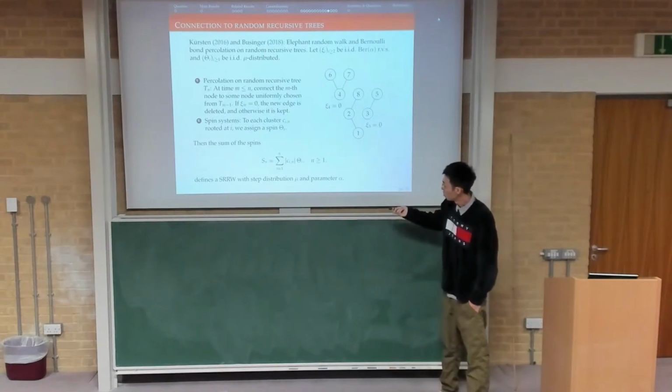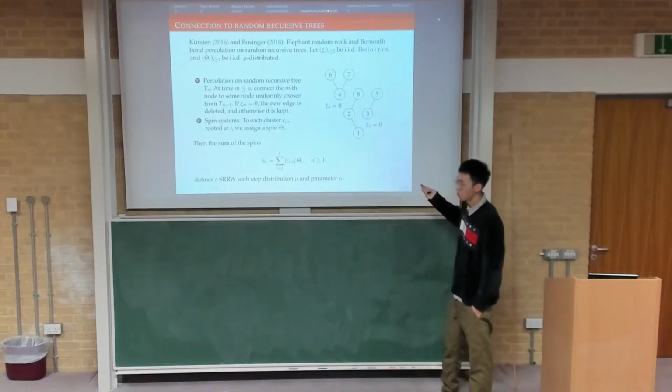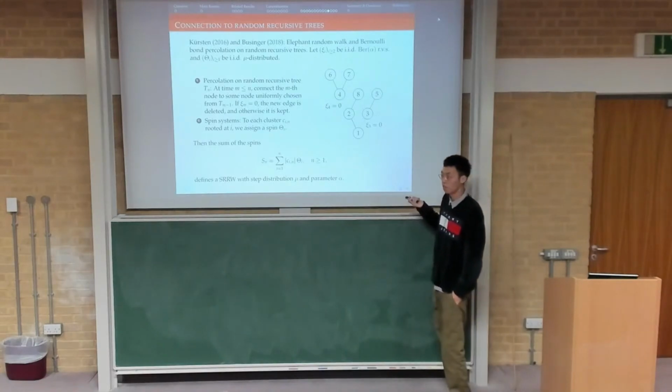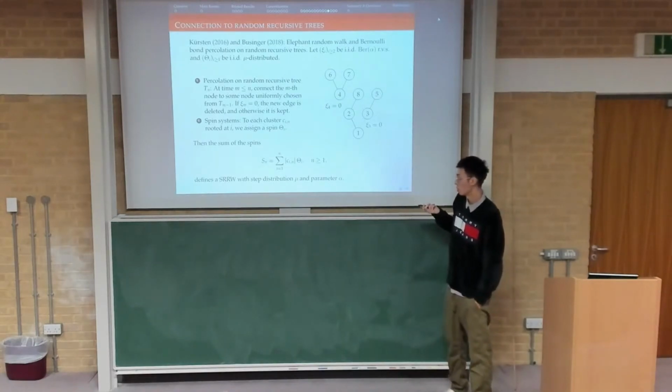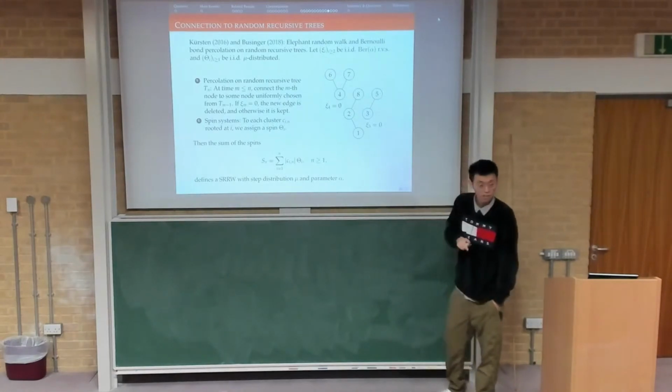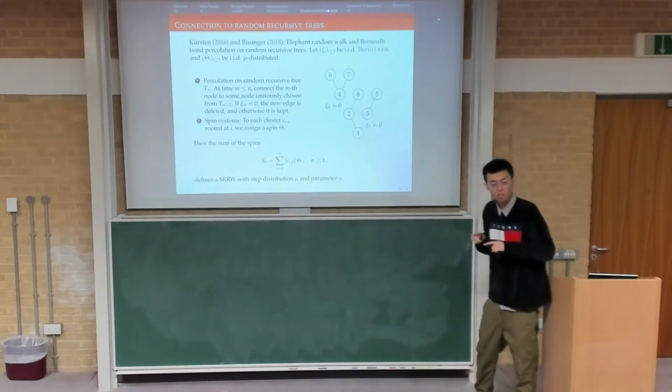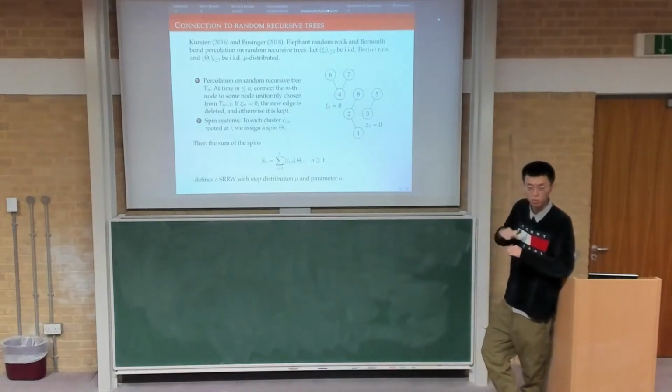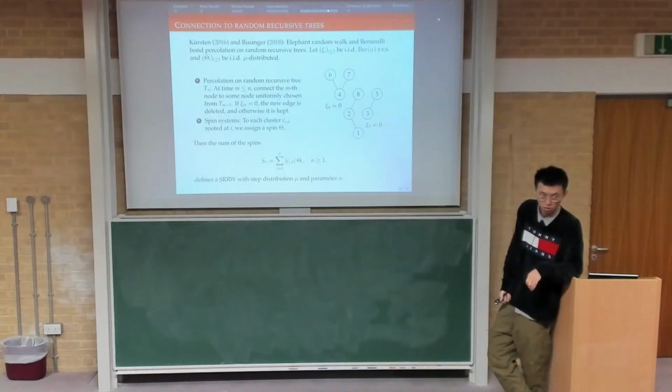Then one can show that the sum of the spins of the whole system defines a stable reinforcement walk with stable diffusion mu and parameter alpha. So basically, when Ci equals 0, it corresponds to the case that we sample an independent step from mu.